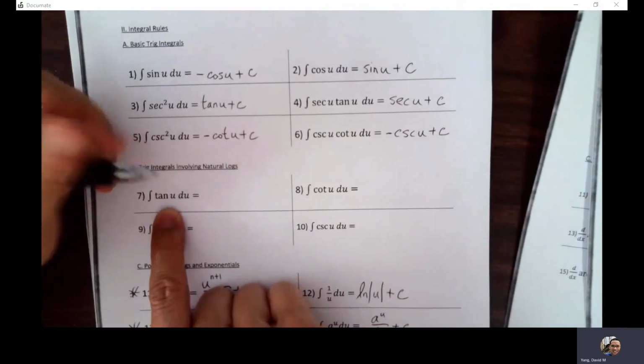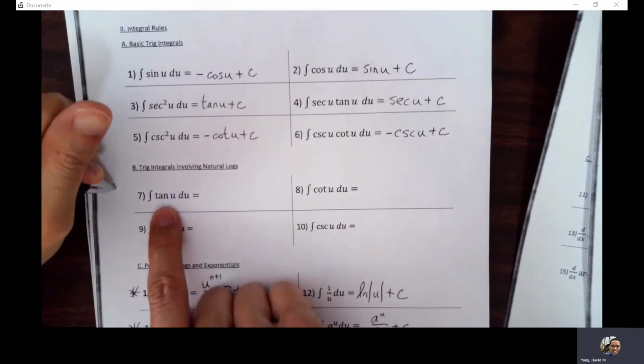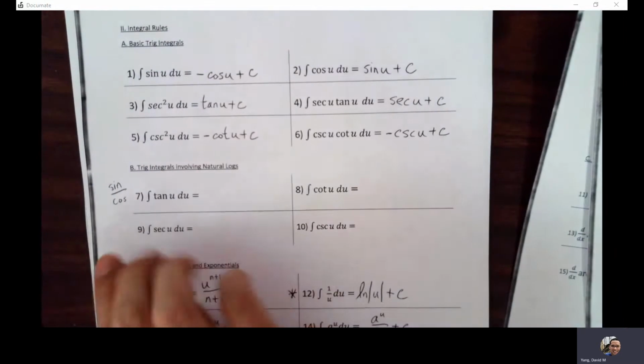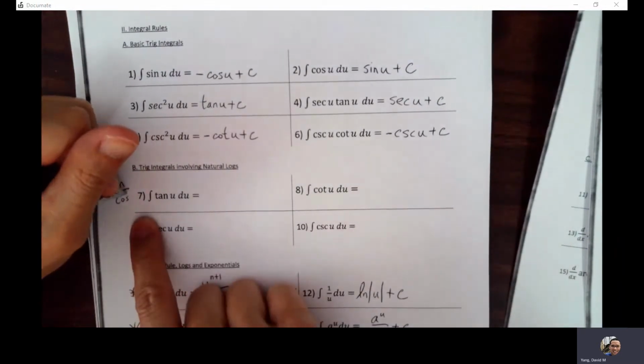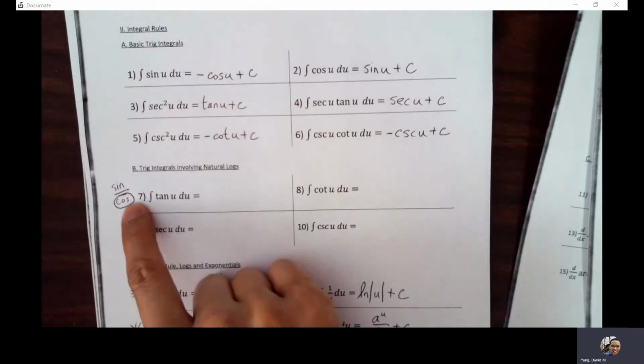there's a little bit of U substitution going on, and I think of tangent as sine over cosine. If you think of this as a U substitution, which I'm not going to go over right now, basically if you let the U value be that cosine, that's what's going to show up in the natural log rule.